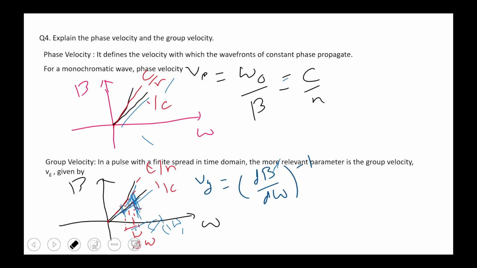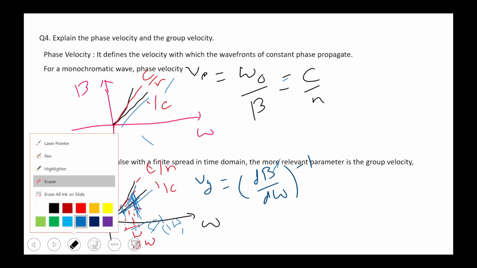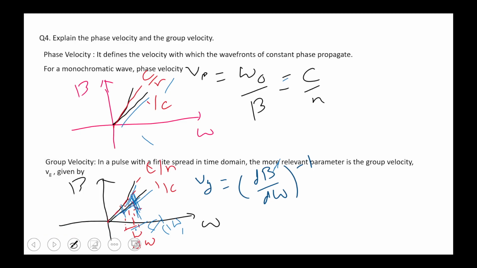Manish, in that question you have been given the length of the fiber of 80 kilometers, and lambda equal to 1540 nanometers, and you need to find the accumulated dispersion.